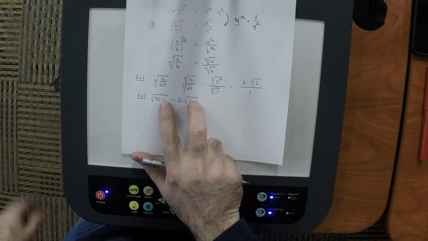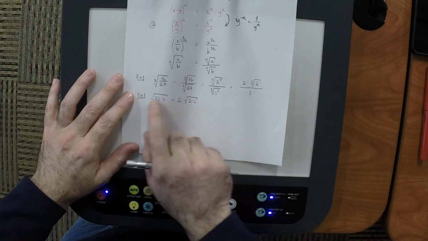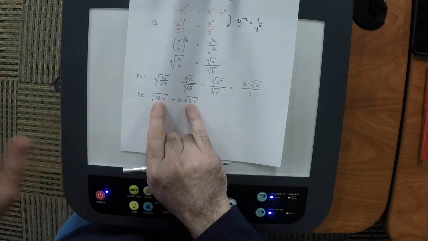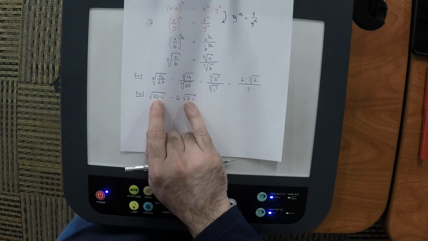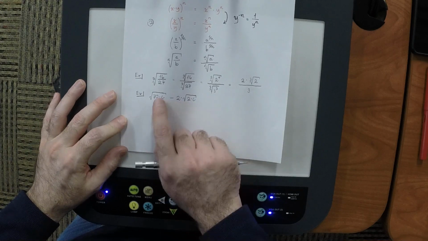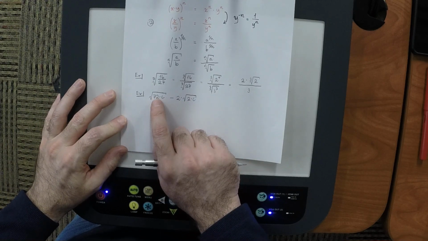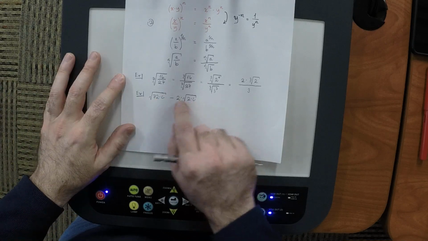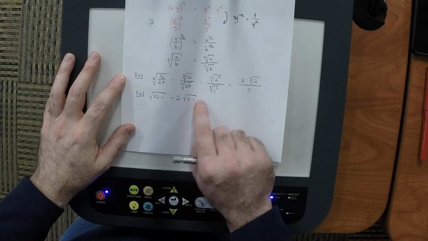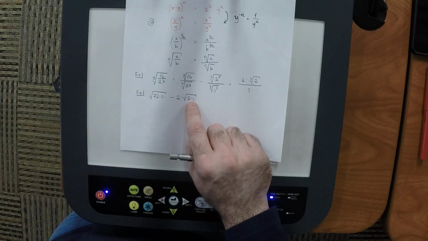So what I want you to see is that as currently written, these are like 2 different kinds of things. They're like apples and oranges, and the kindness is whatever's in the radical. So notice that for this one, what's in the radical is 72c, and for this one, we've got a number multiplied by this, and what's in there is 2c.